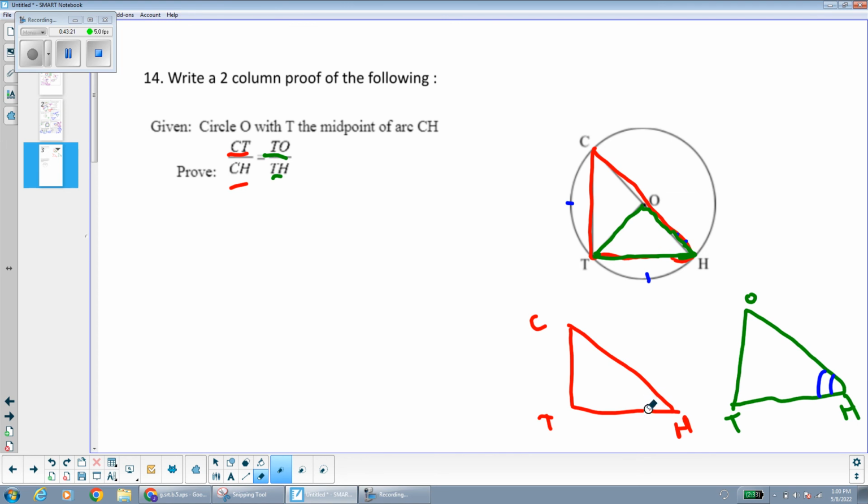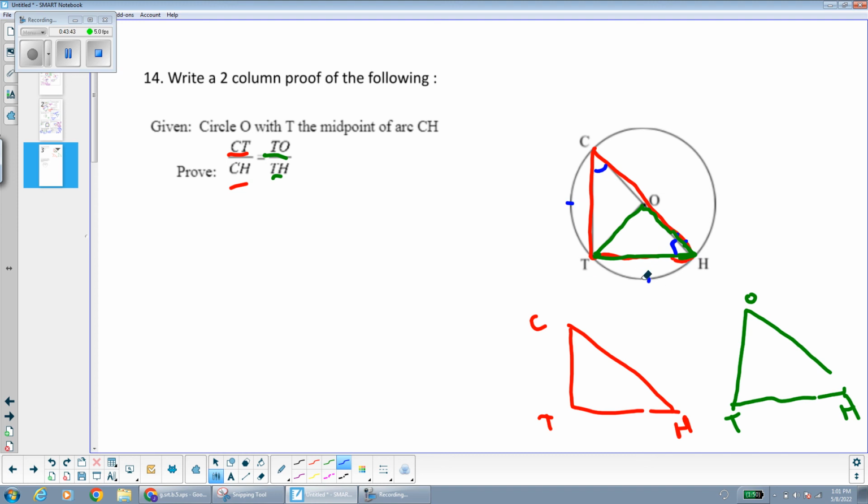I think it would be more useful to put down what we were talking about with the inscribed angles that were sharing the same arc. So once again, angle H is an inscribed angle that's opening up to arc CT, and angle C is an inscribed angle that's opening up to arc TH.